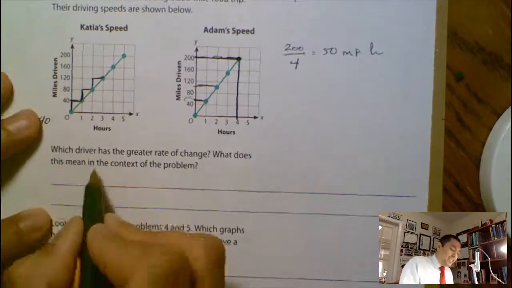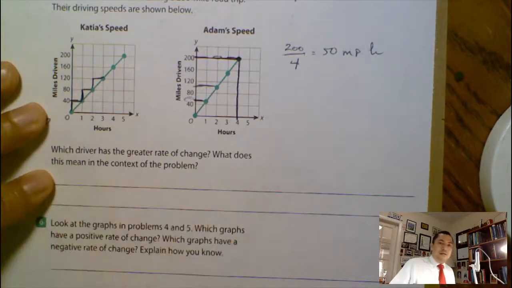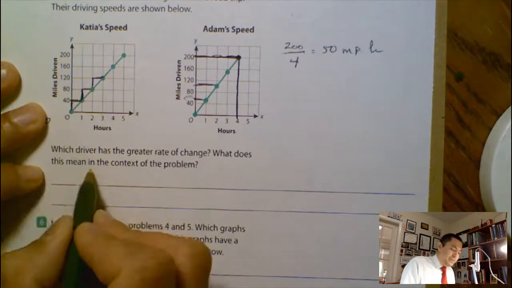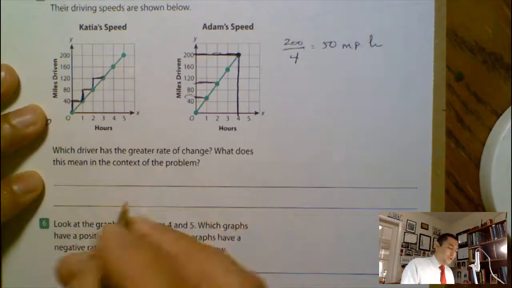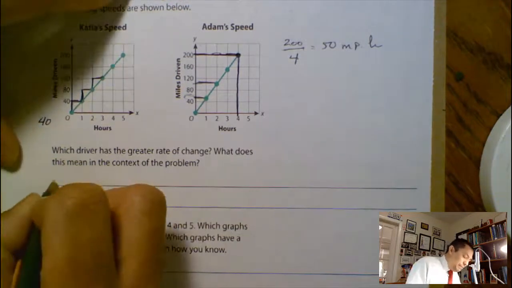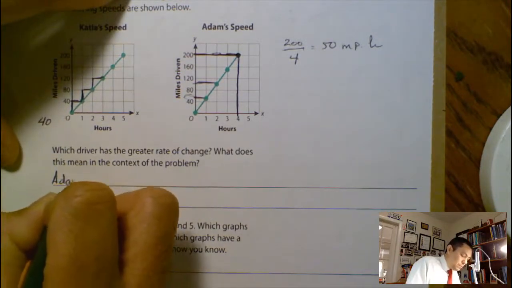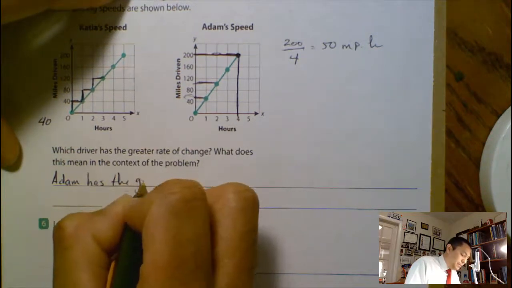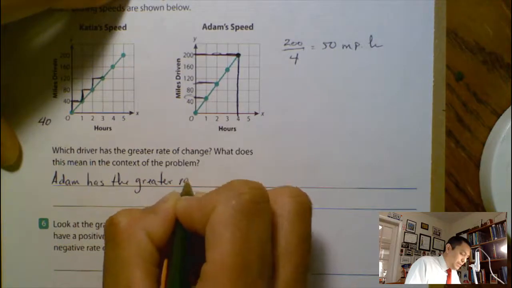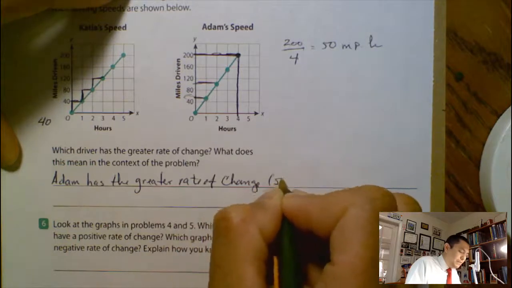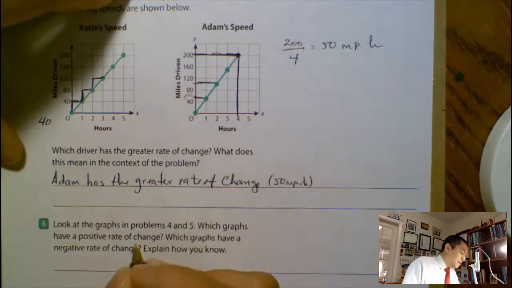So in this case, which driver has the greater rate of change? What does this mean in the context of the problem? So we know, in this case, if we answer that question, that Adam has the greater rate of change, in this case 50 miles per hour.